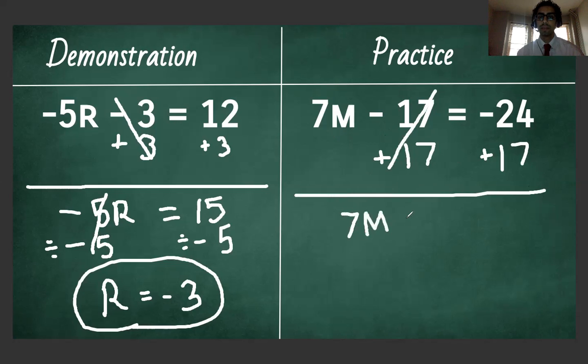and I'm just left with 7m equals, now be careful because there is a negative over here. So negative 24 plus 17 would give me negative 7. Okay. Remember that if you guys are adding integers with different signs, a trick that you can use would just be to subtract the 24 and the 17 and just take the sign of the bigger number.